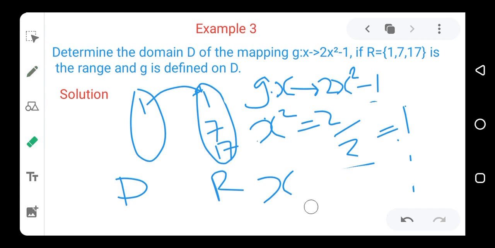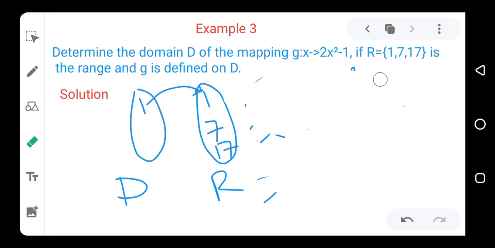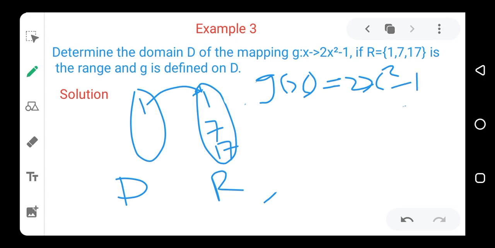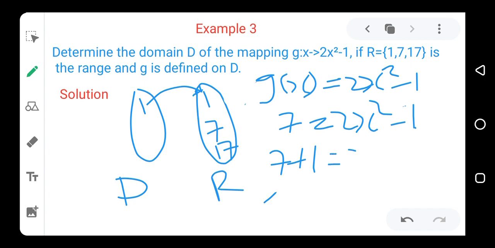Now let's look at 7. For 7, we still have our g of x is equal to 2x raised to power 2 minus 1. So when g of x is equal to 7, we have that 7 is equal to 2x raised to power 2 minus 1. And 7 plus 1, that is bringing this one to this side, 7 plus 1 is equal to 2x raised to power 2, and 8 is equal to 2x raised to power 2.